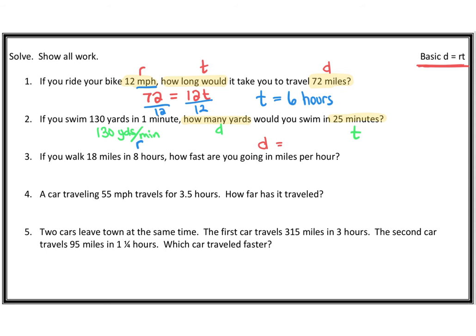Distance equals rate, 130, times time, 25. What do I do to solve? Multiply. So what happens when you multiply 25 times 130? 3,250 what? Yards.